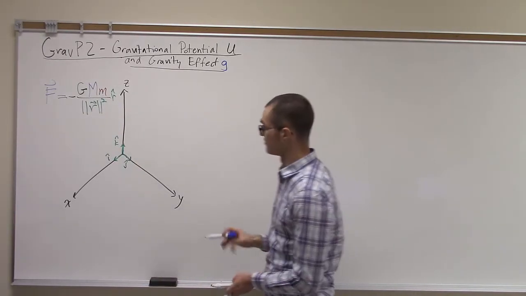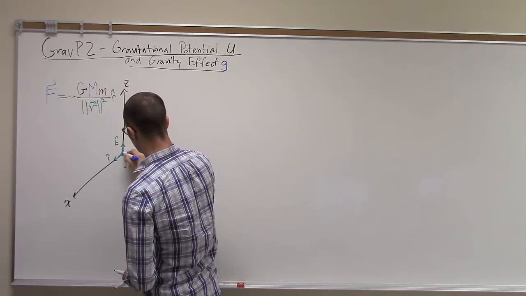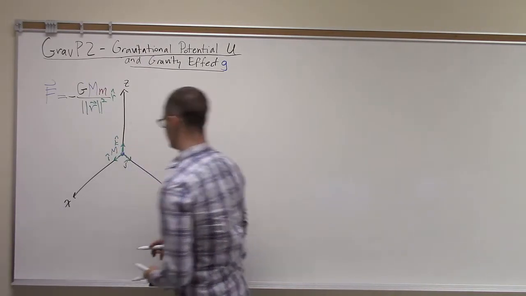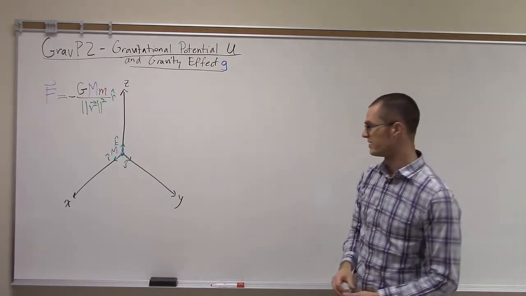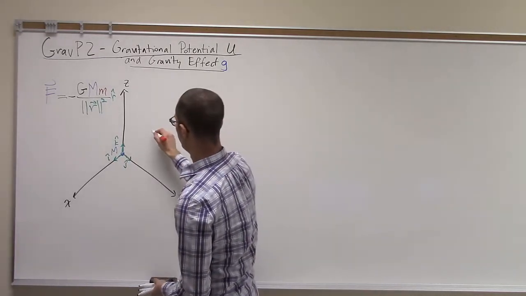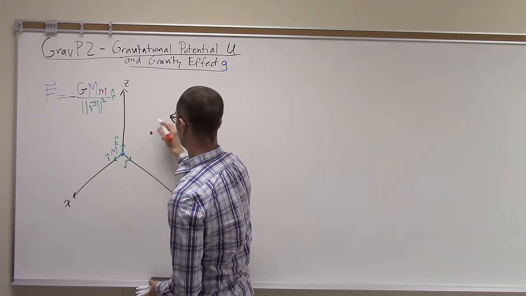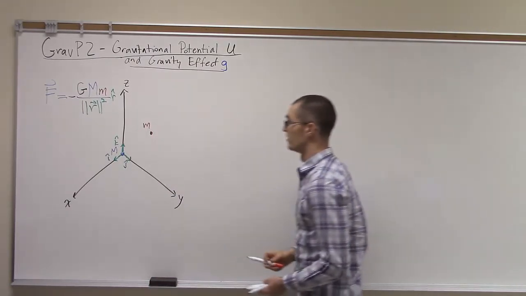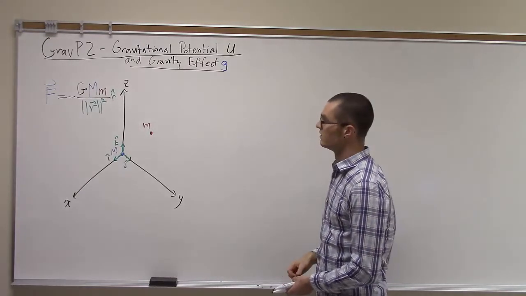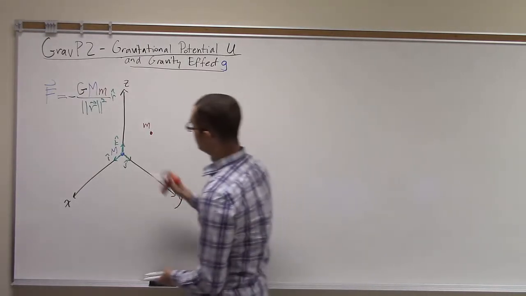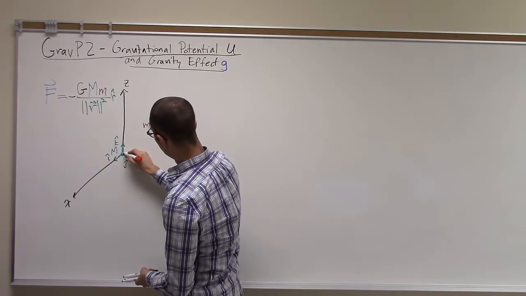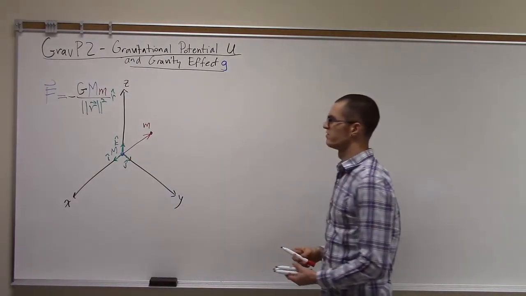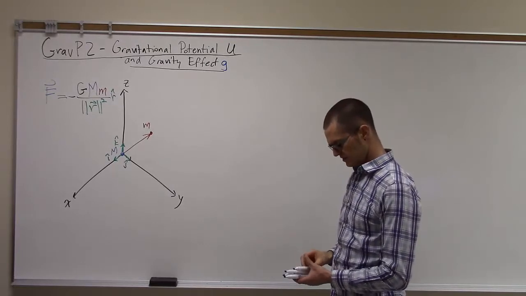So let me just draw a picture of that. Let's say we have big M here at the origin, the first mass, and we have small m over here at some other point. I'll call this one small m. So r here is the vector that points from big M to small m.